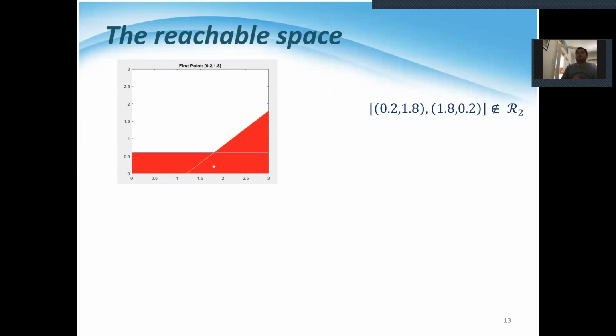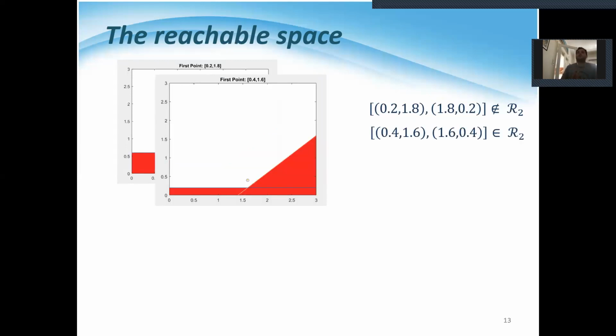I cannot present a 4-dimensional body, but if I set the first machine to be, for example, 0.2 and 1.8 as in this animation, the red zone represents the unreachable space, and the white zone represents the reachable space. So it's easy to see that 1.8 and 0.2, its mirror point, is not in the reachable zone, suggesting that the competitive ratio might be better than 2.8.